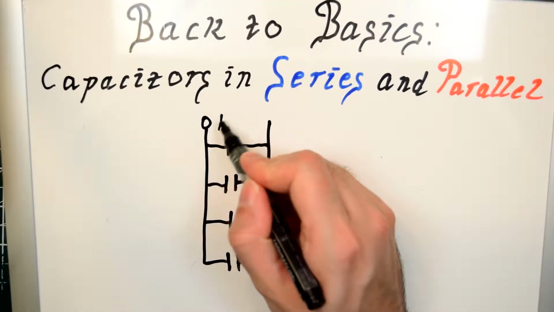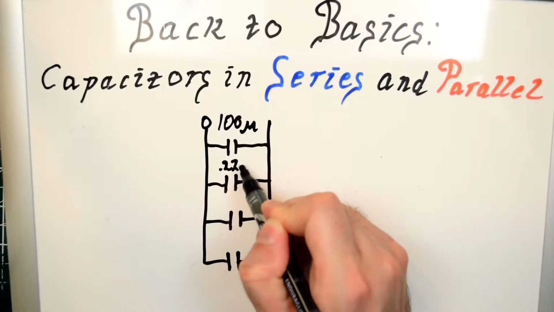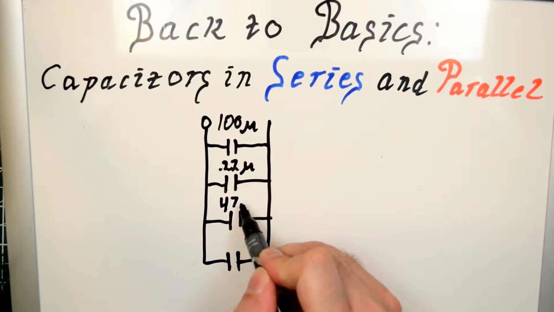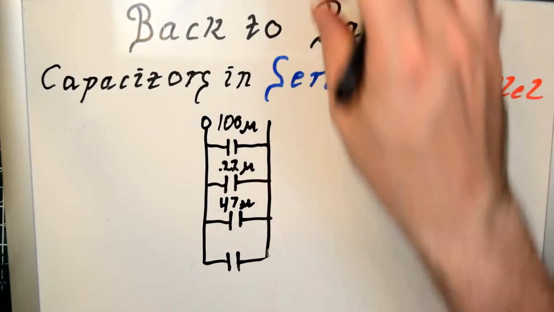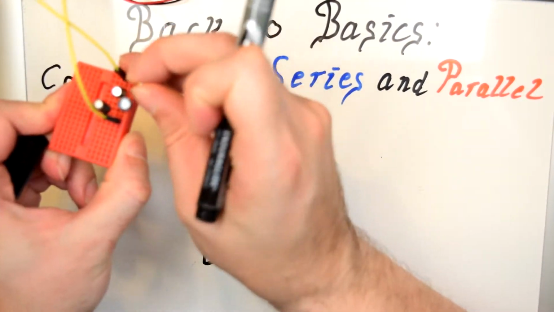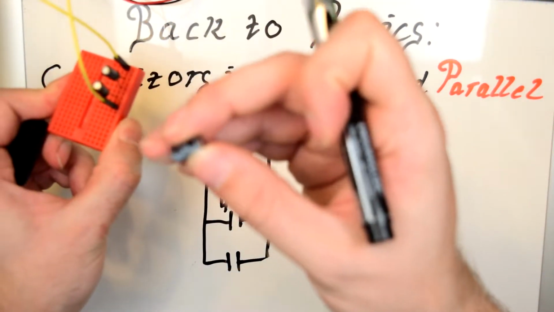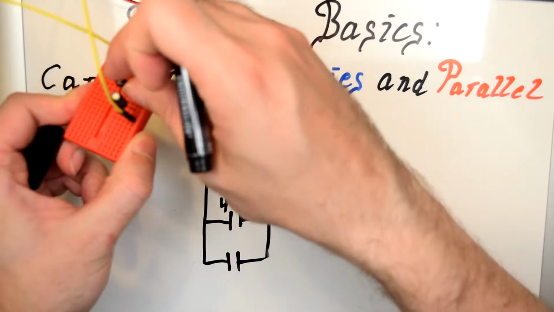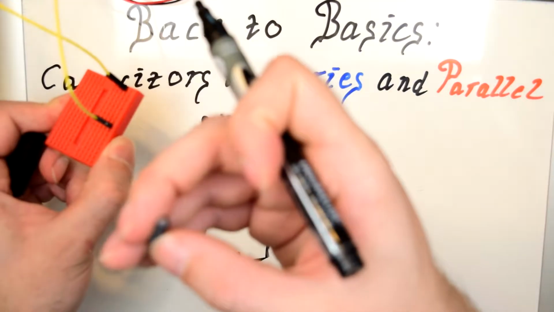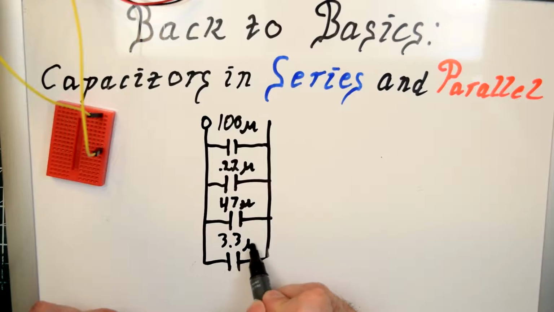Alrighty, so we had 100 micro, a 0.22 micro, a 47 micro, and what was the other one? It was 3.3, I think. That's the 0.22, 47, 100, 3.3. I was right. And 3.3 micro.